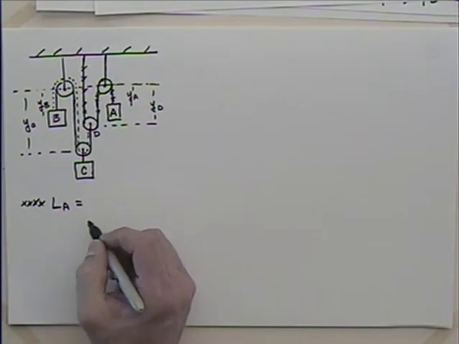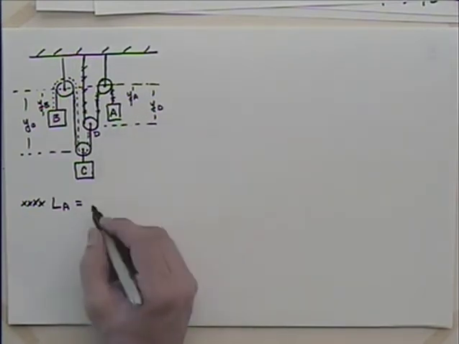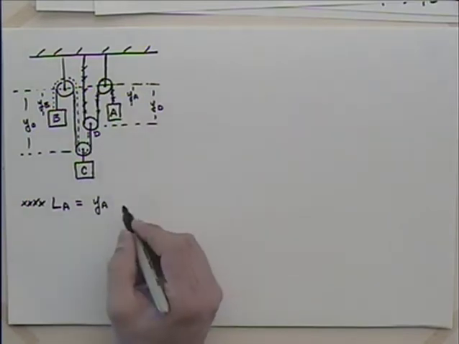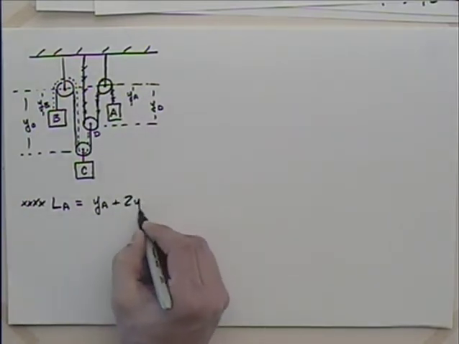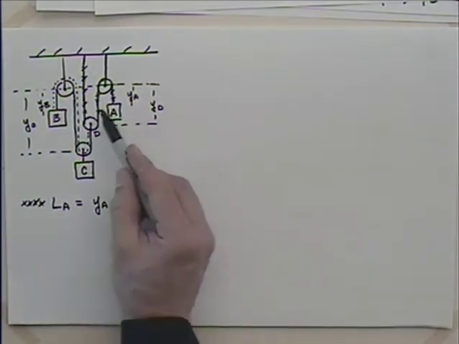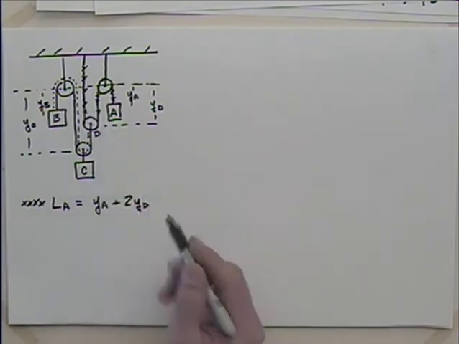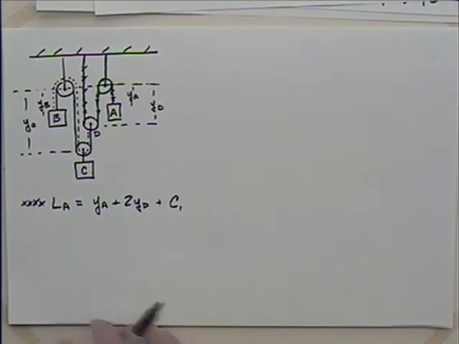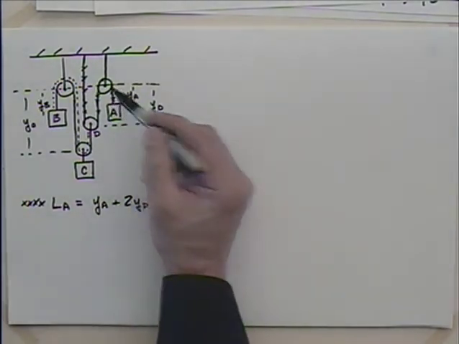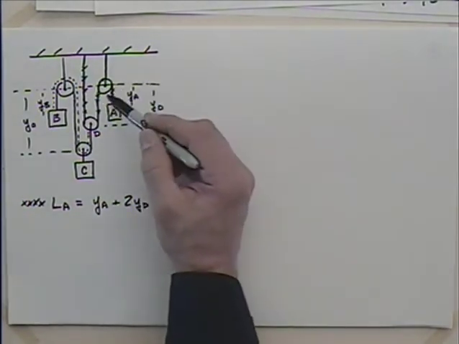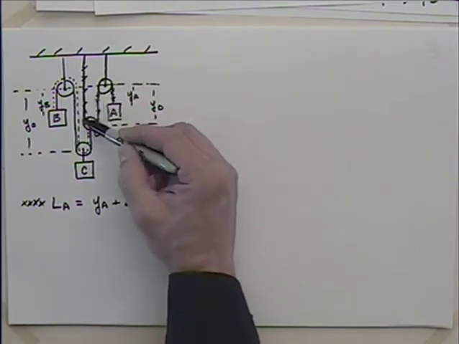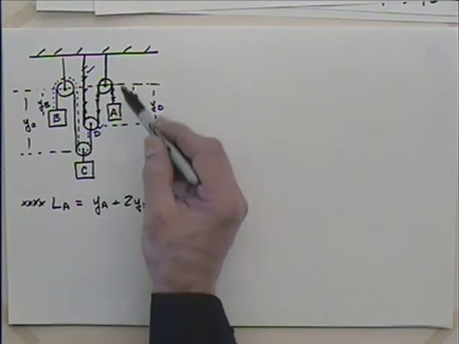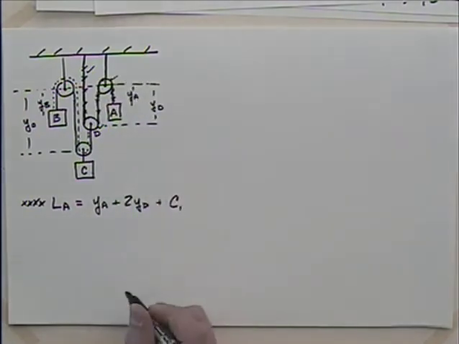Okay. So what's that going to be? Y sub A, so that's that distance, plus 2 y sub D, so I have that distance and that distance, plus a constant, right? So there's y sub A. There's y sub D. I've got 2 of those. And then I have this constant piece here around that pulley and around that pulley. So I've got the constant.